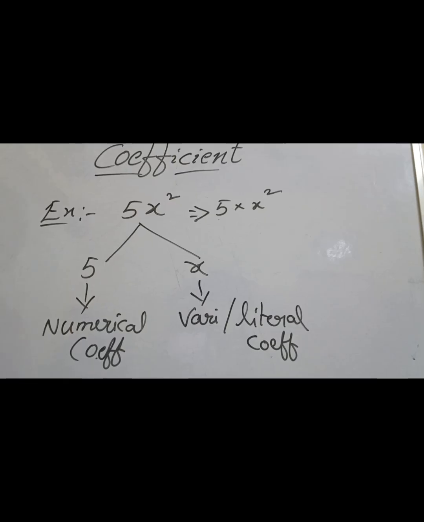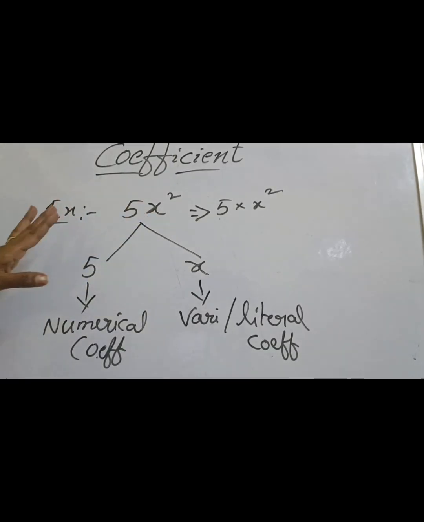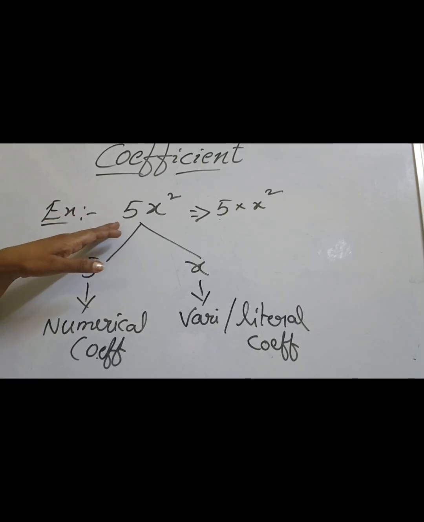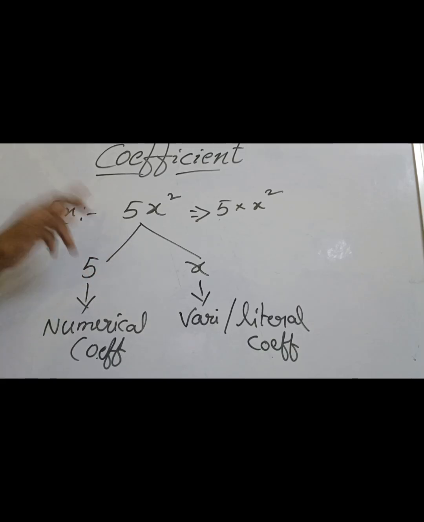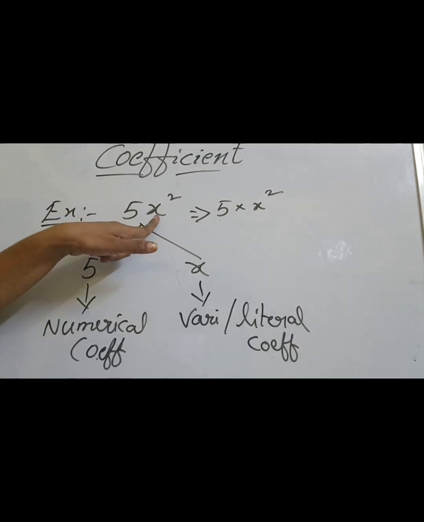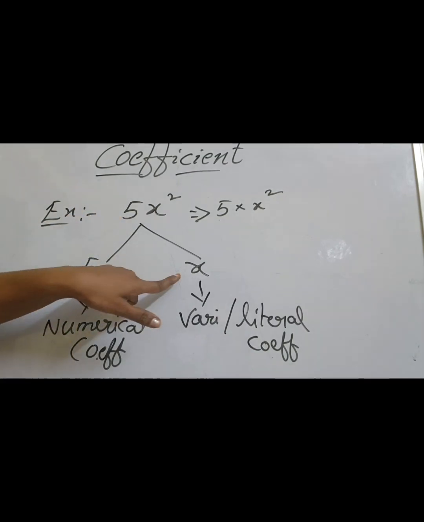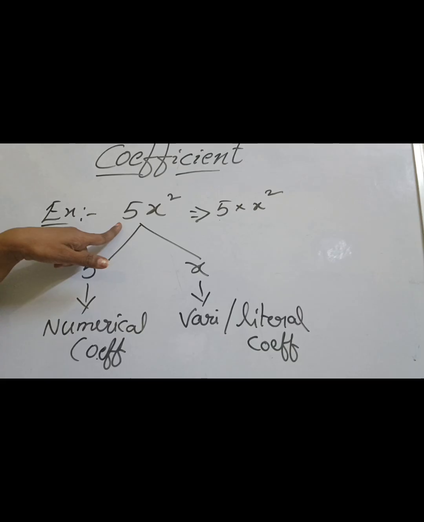Clear, children? Let me explain once again. Here 5x square is one term. This is an algebraic term. In this 5x square, 5 is a factor of 5x square and x square is also a factor of 5x square, right?